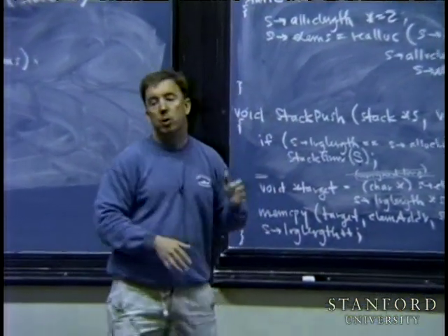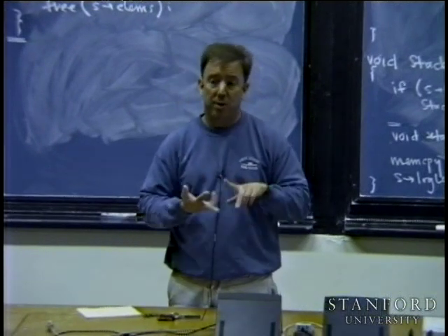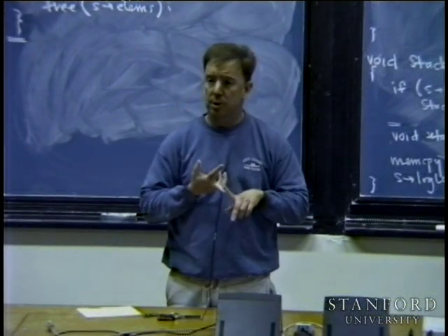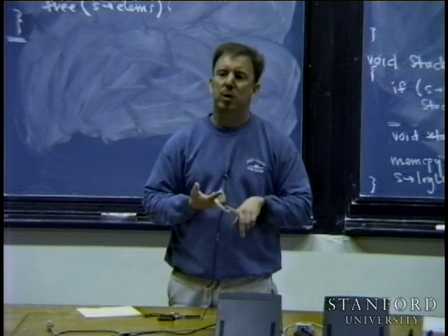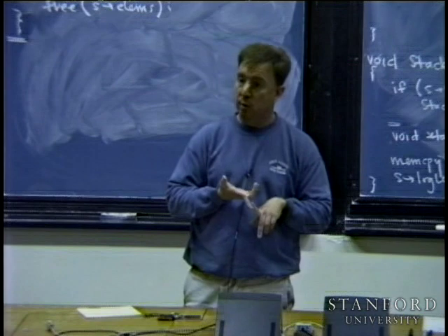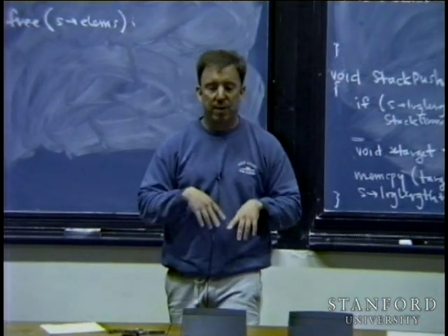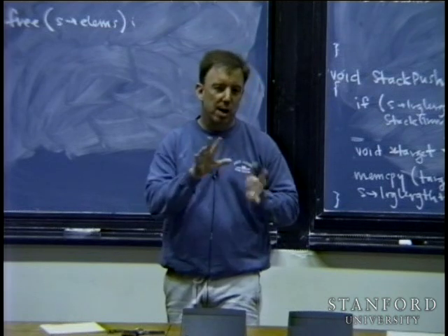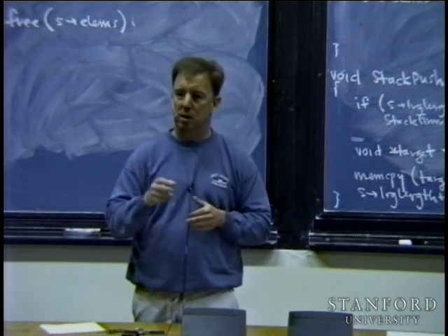Now, another answer to your question is that when you're dealing with generics in C and void stars and memcopying and manual casts, you have to be that much more of an expert in the language to make sure that you don't make mistakes. It's very easy. Think about this way. I know you're not going to believe this yet because you haven't coded in C that much, but in assignment 3 you will.